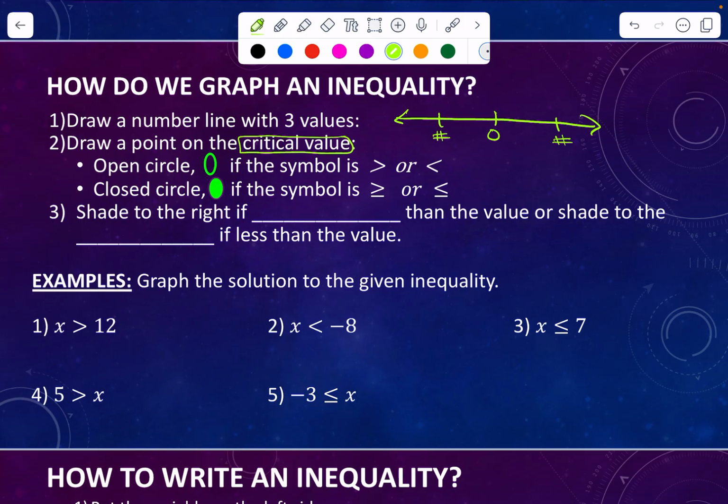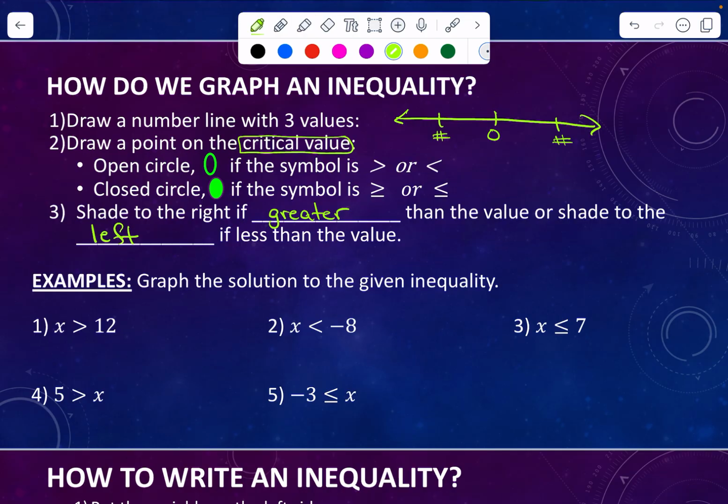If it is greater than or less than, it's an open circle. If it is greater than or equal to, or less than or equal to, it'll be a closed circle. Then you shade to the right if you are greater than the value, or shade to the left if less than the value.